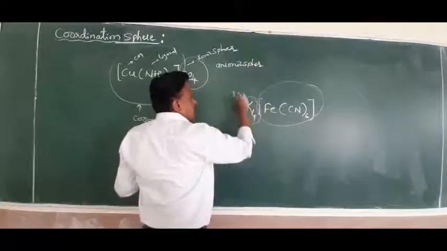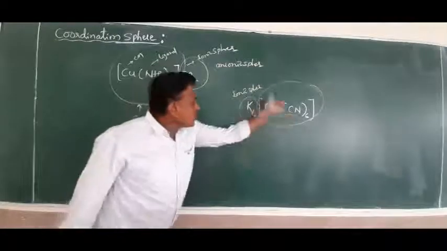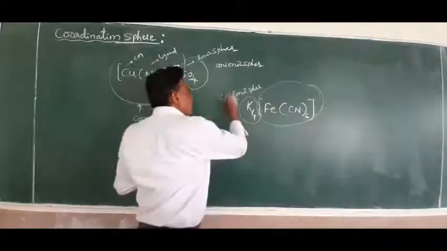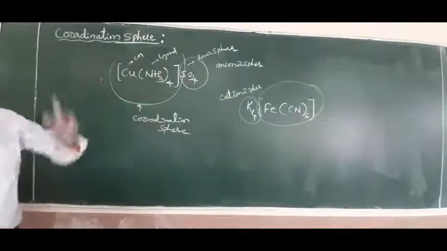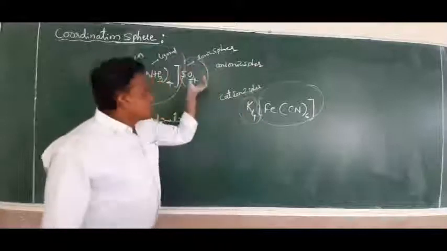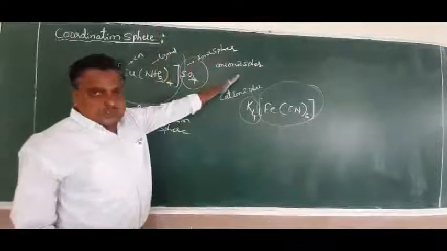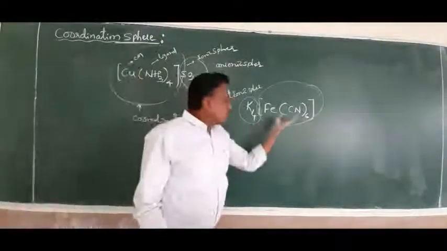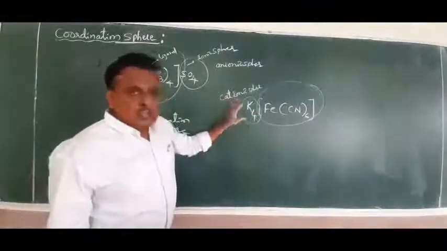What comes before the square bracket is the cationic sphere. Ionic spheres are of two types, anionic sphere and cationic sphere. The anionic sphere is after the coordination sphere, and the cationic sphere is before the coordination sphere. Try to remember this.